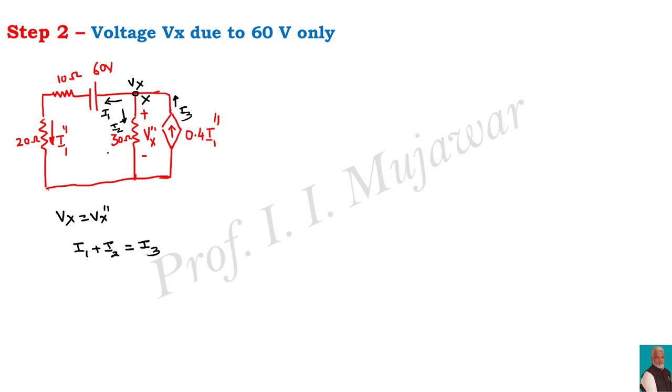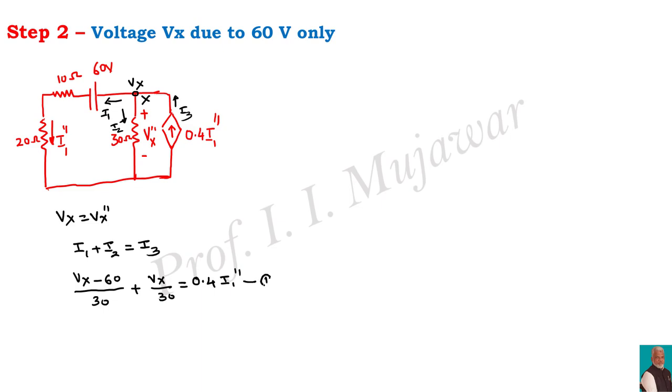I1 is the current through this branch, so it is (Vx double dash, that is nothing but Vx minus 60) divided by 30, plus this current, Vx by 30, is equal to the incoming current, 0.4 I1 double dash.